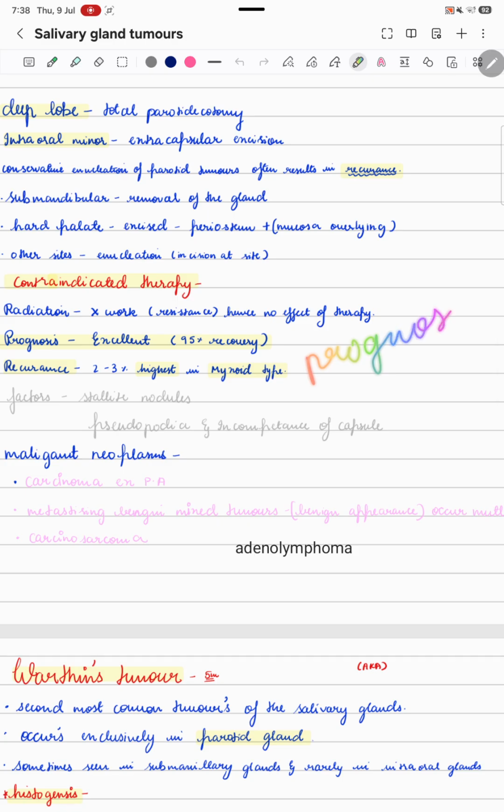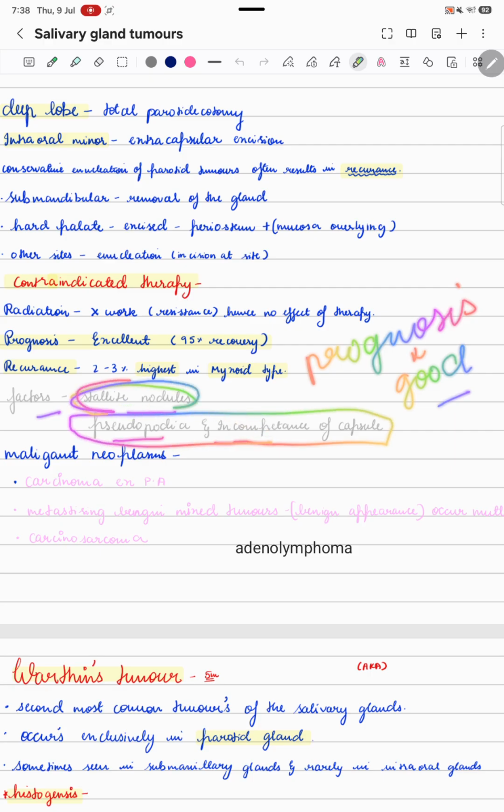Factors of recurrence are stellate satellite nodules, pseudopodia, and incompetence of the capsule.